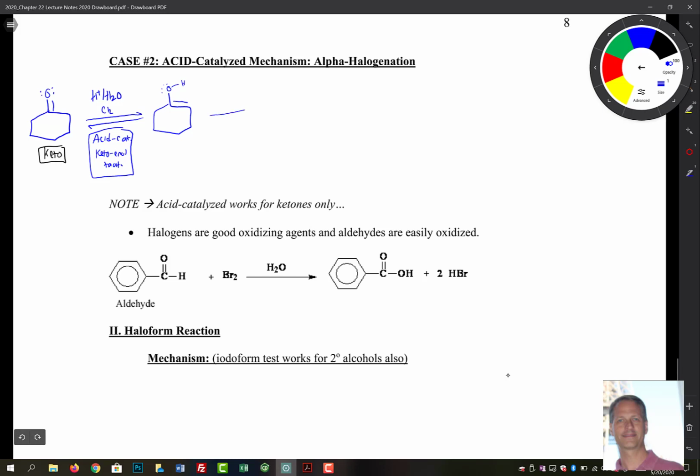So then once that keto form turns into the enol form, that enol form will then react. It's going to react with chlorine. So here's our Cl2 with our chlorine. And here's what happens. So we're going to take a set of electrons here, pull them down, and then we're going to swing around and grab a chloro group.